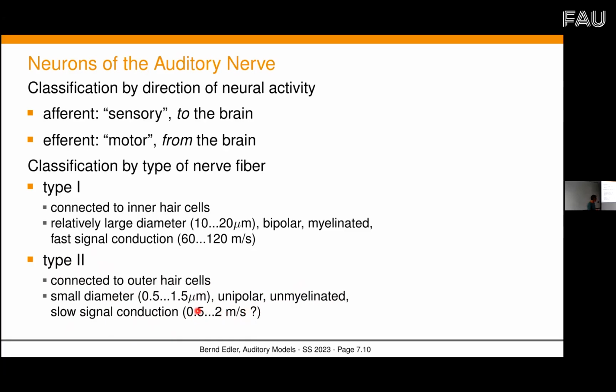So somewhat, but significantly, lower or slower than the type 1 neurons. So type 1 carries the information of the audio signal itself, and this would be more kind of environmental or control information, which would not directly transmit the sound.